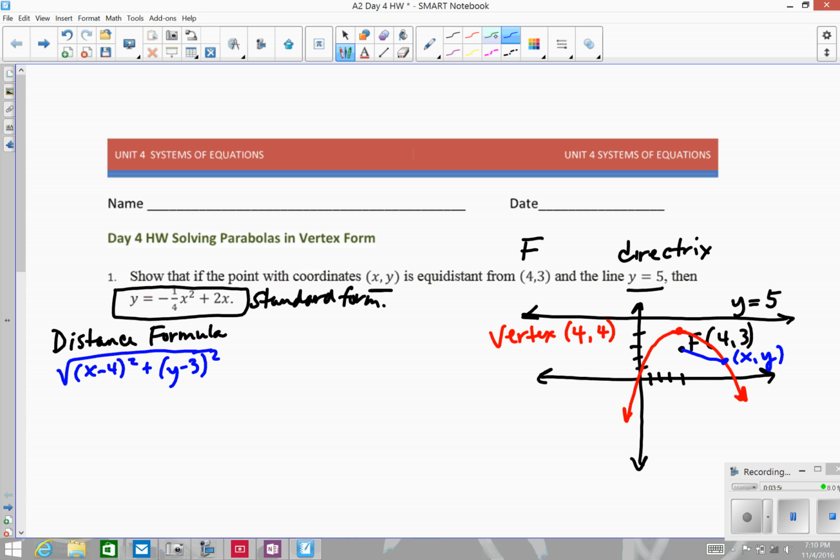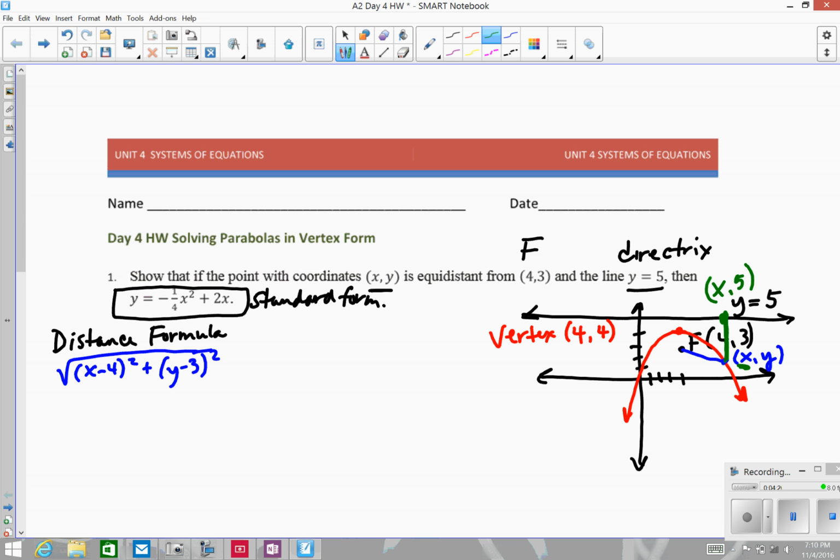Now I'm going to write the equation for the distance from my point xy to the directrix. The coordinates of that intersection point, if I consider my x coordinate, it's going to be the same x coordinate as my point, so x, and then from the x-axis I would go up 5 units.